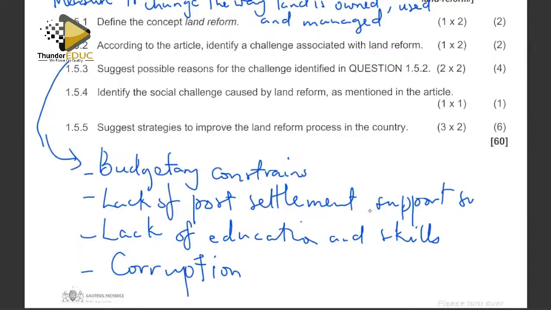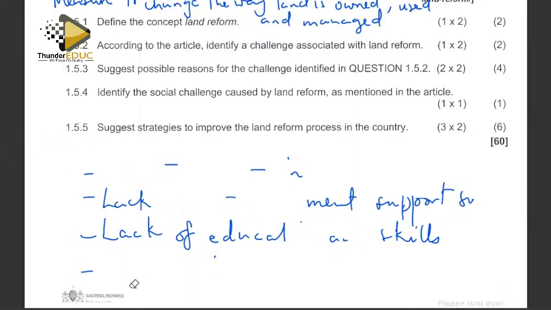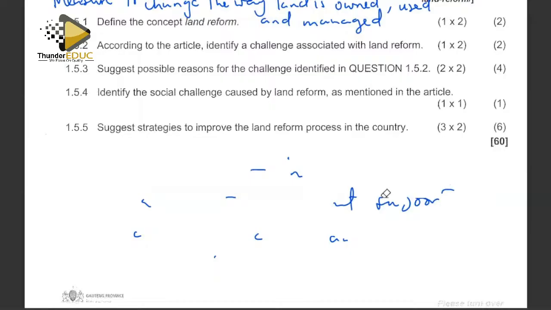Right. Besides those points, you can have other arguments that you can use to answer that question. We are not limiting the argument to only those responses. Any other reasonable response in the context of failure of land reform is also regarded as a correct response. Right.